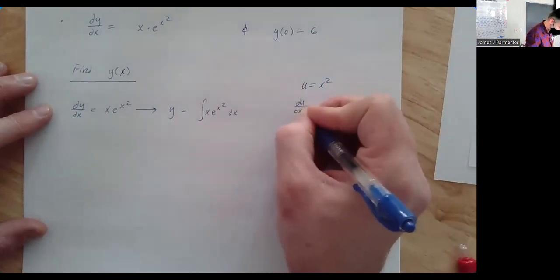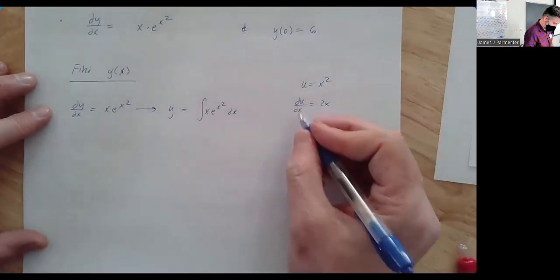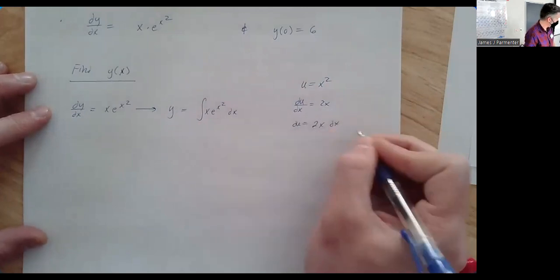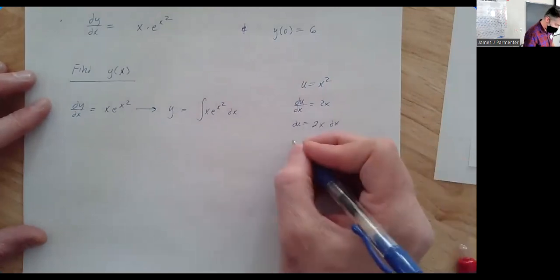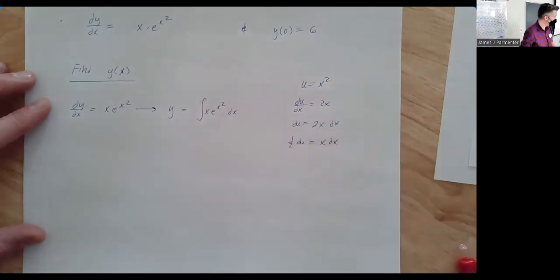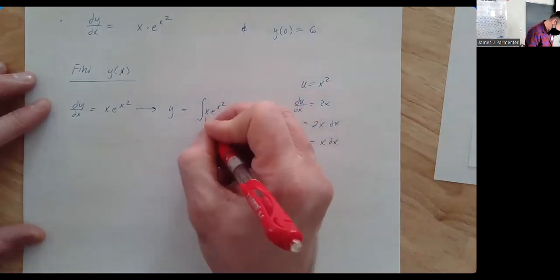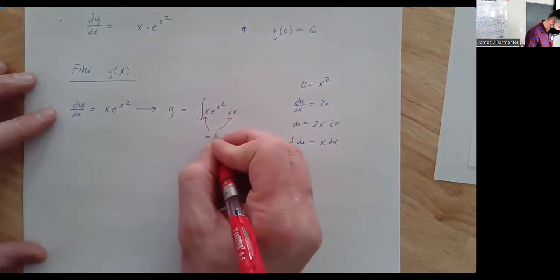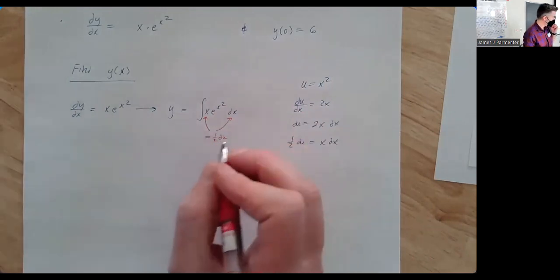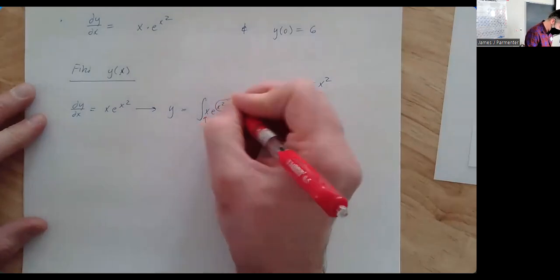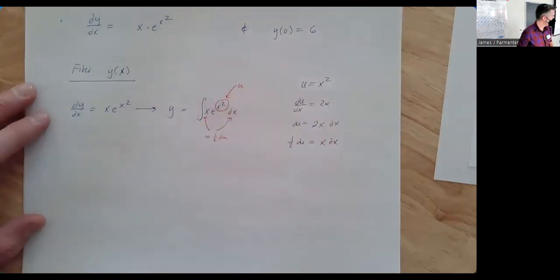Derivative is 2x. We bring the dx over. We get 2x dx. I don't have a 2, so I divide both sides by 2. Say 1/2 du equals x dx. I totally have an x dx. That's going to equal my 1/2 du. And then the x squared in my e to the x squared is going to be my u.